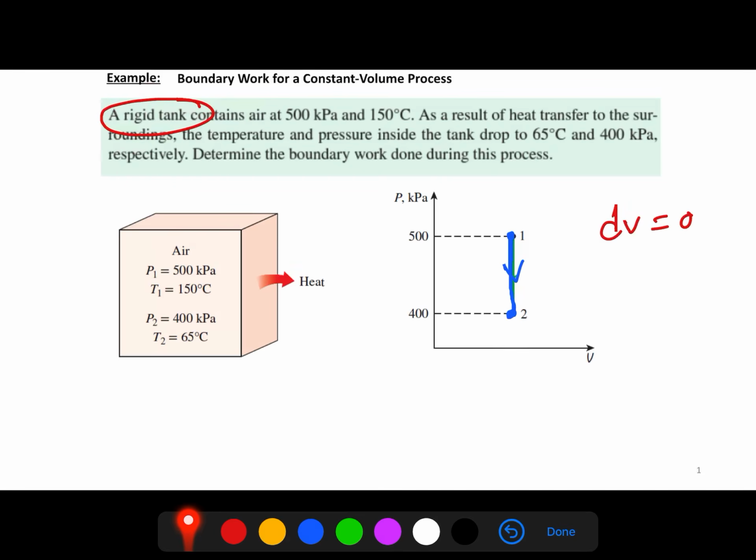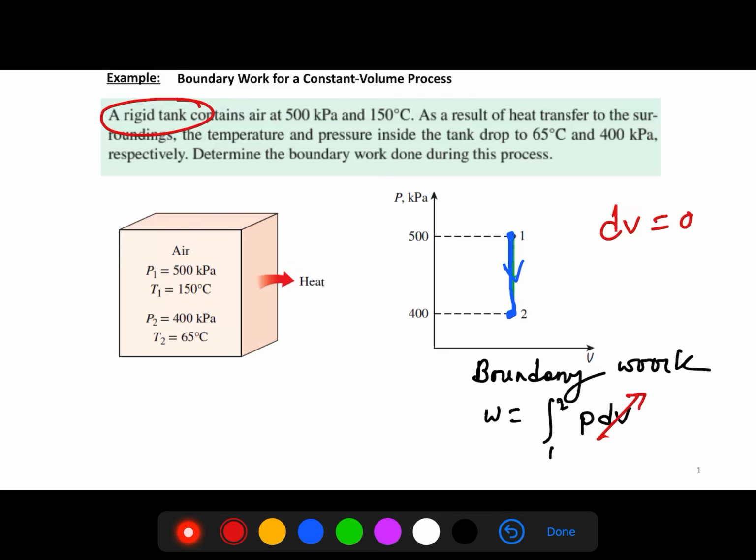So the boundary work, from the formula we discussed, we can write W equals the integral from 1 to 2 of P dV. Here dV is equal to 0, so it will be the integral from 1 to 2 of pressure times 0, which means it will be 0.